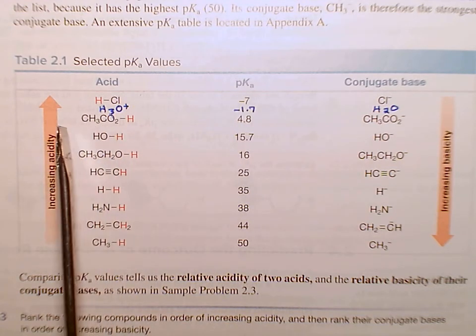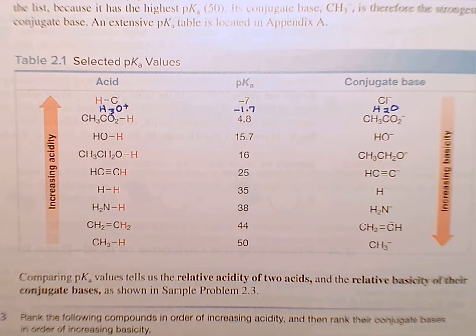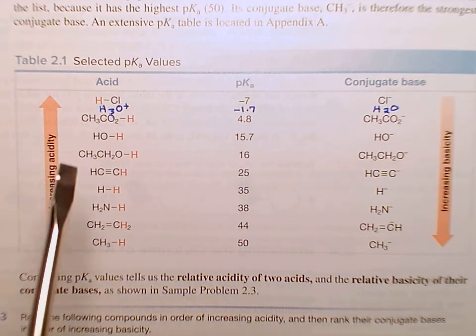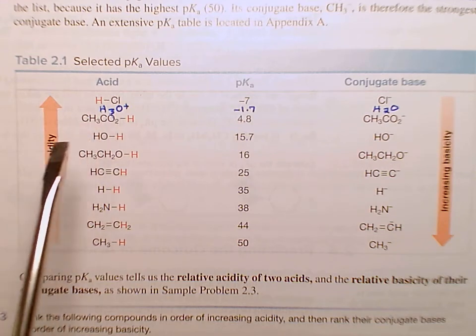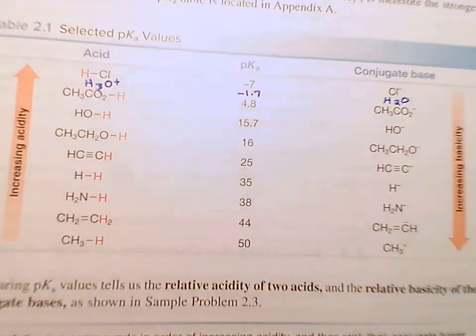As long as it's a normal alkane bonded to a carboxylic acid, pKa is about 4.8. So when you're looking at these tables, these are the general molecules. Don't just look at the exact specific molecule of acetic acid. Look at all carboxylic acids. This molecule is acetylene. Don't just look at acetylene here. Look at all terminal alkynes.